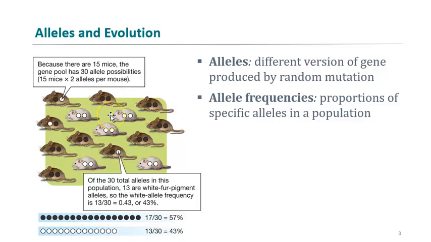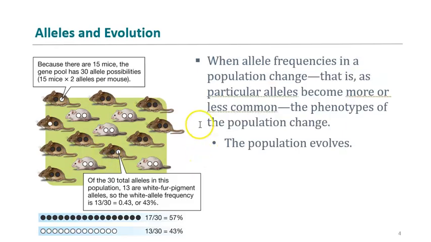So for this chapter, we're going to be looking at the allele frequencies, as it says, the proportions of the specific alleles in the population. And for evolution, we're going to be seeing that the population evolves, or they're evolving, when we see changes in these allele frequencies. So this is kind of what we call microevolution.